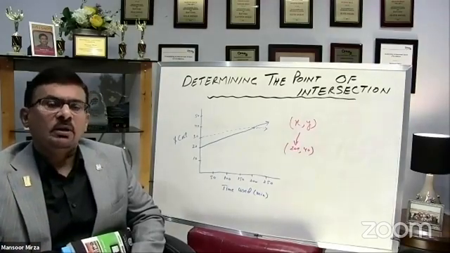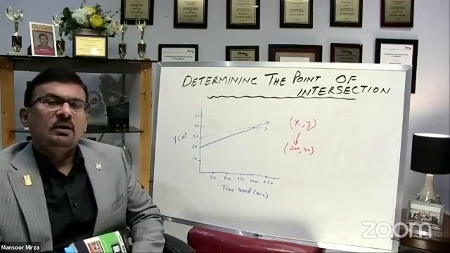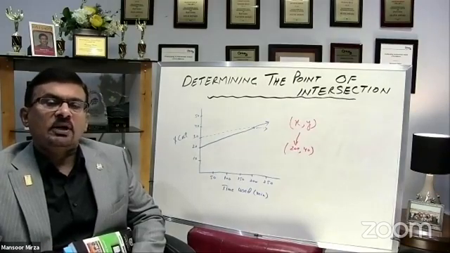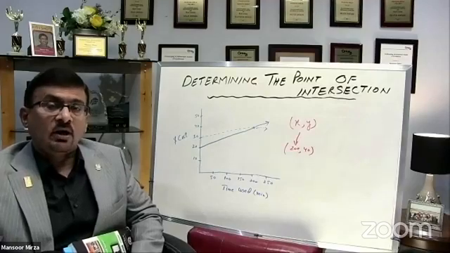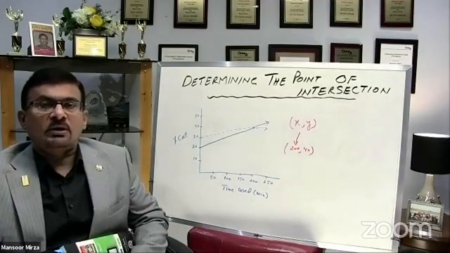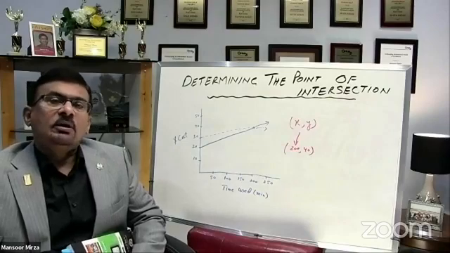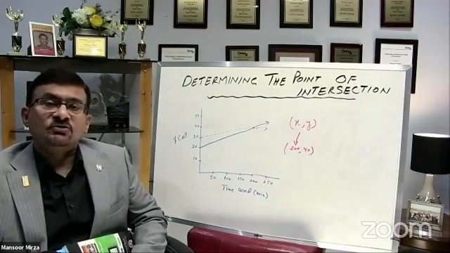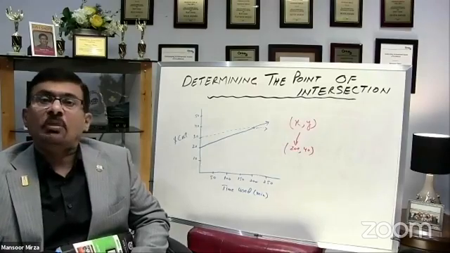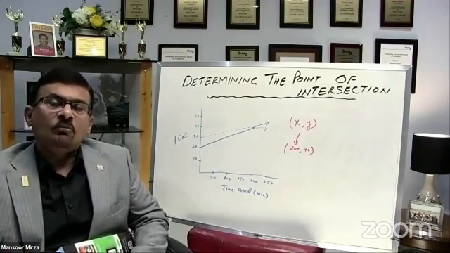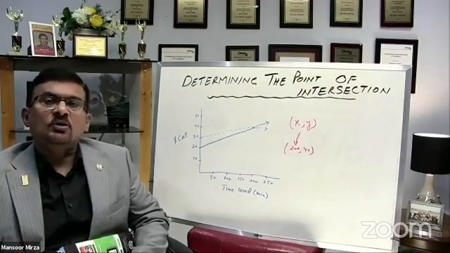I'll give you an example of how we can identify the point of intersection if there are two linear equations and they have a common intersection point or not. Remember, linear equations are basically straight line equations, and if those straight lines are not parallel to each other, then somewhere they are going to intersect.